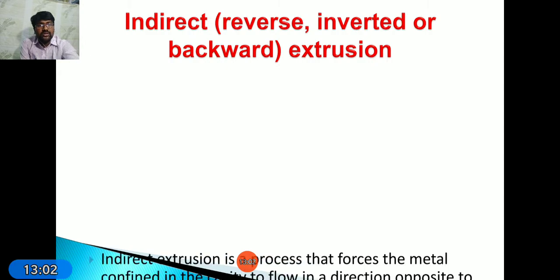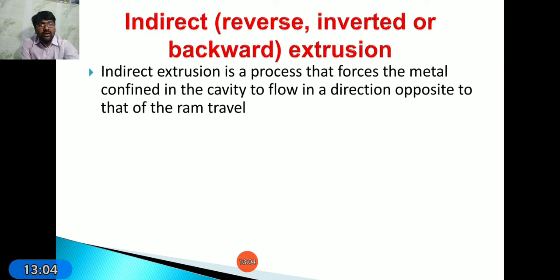Next, coming to indirect, reverse, inverted or backward extrusion. It is a process that forces the material confined in the cavity to flow in the direction opposite to the ram travel. Suppose we are applying some force on the billet; the material flows opposite to that force.